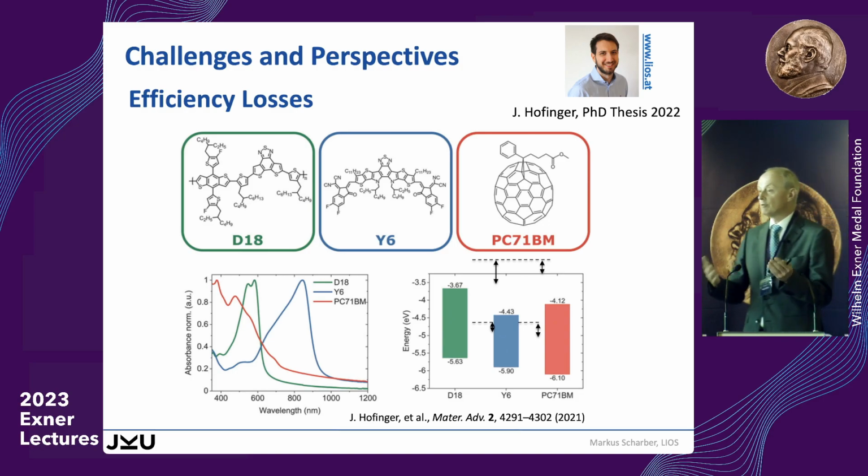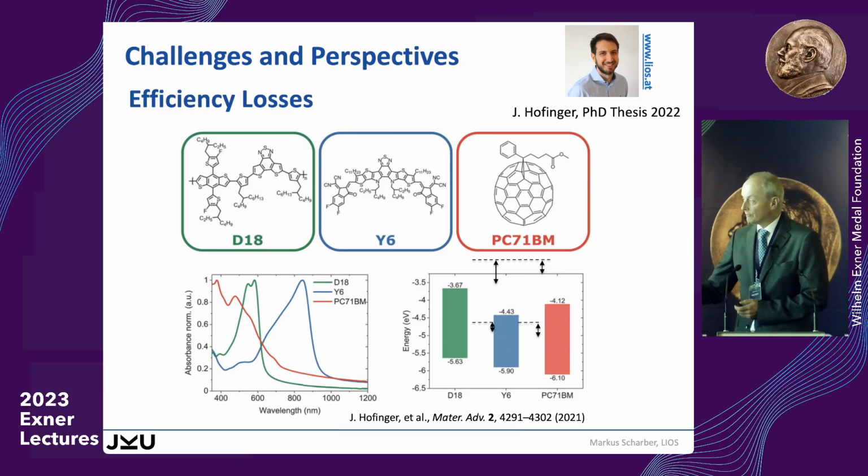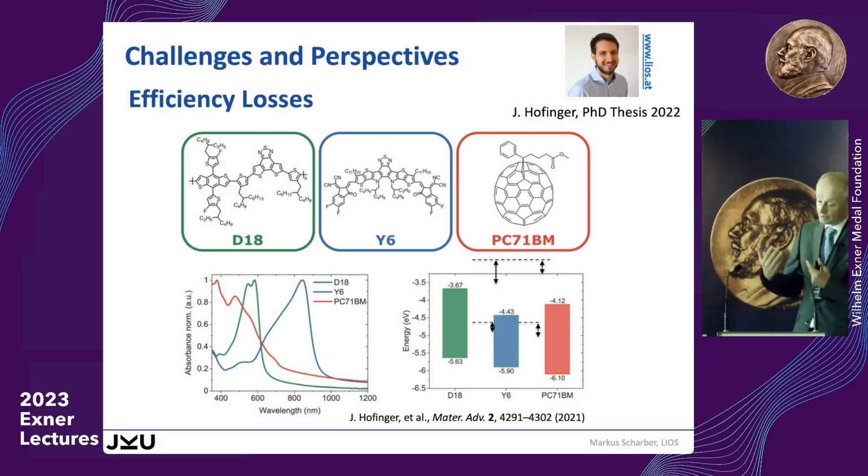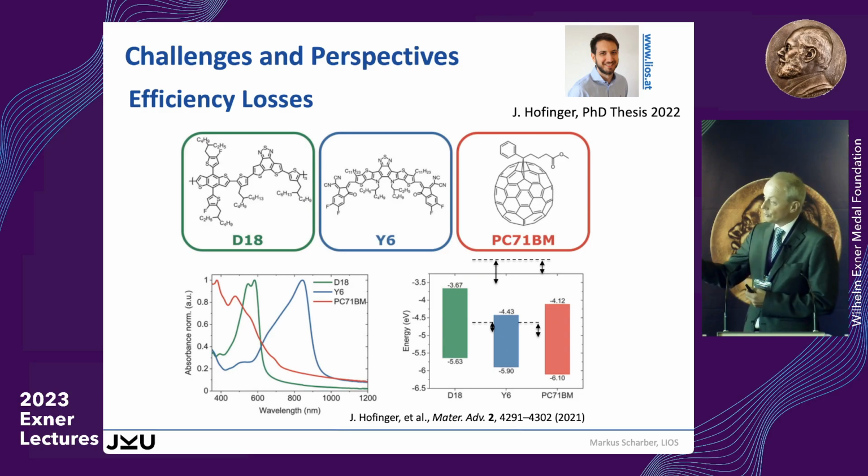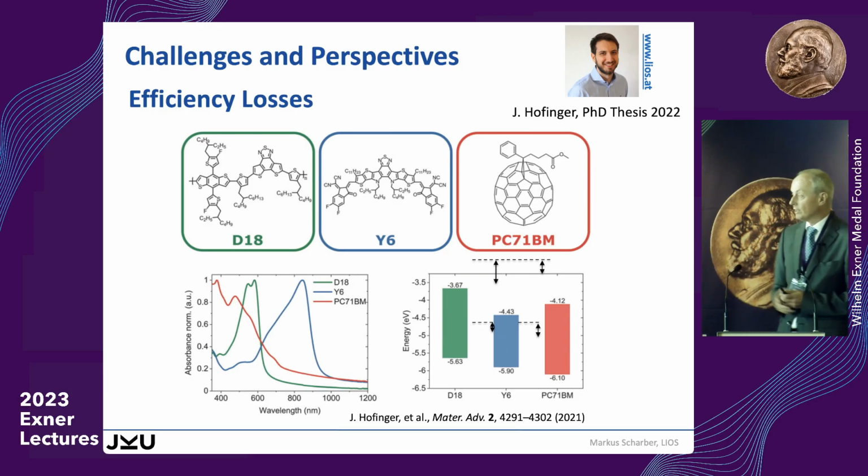And not only to say how we make a device and we study it, but we understand the fundamental physics and chemistry. Which simply means, and this is nowadays the hope, that based on this understanding, we can improve materials further and further to improve the power conversion efficiency.